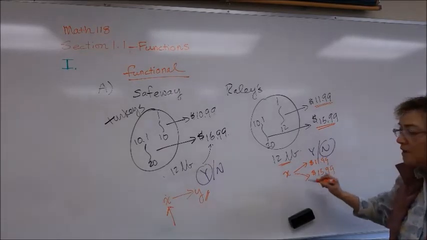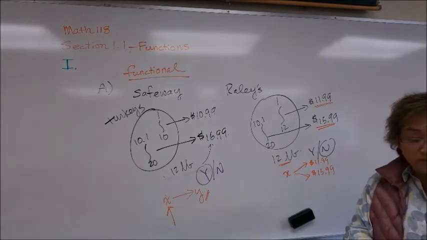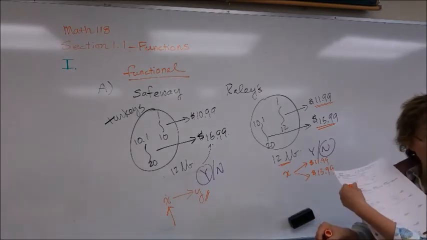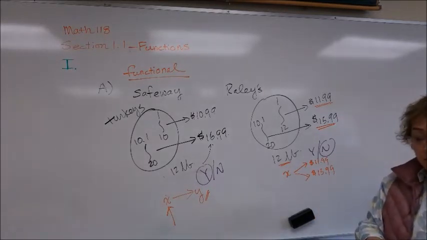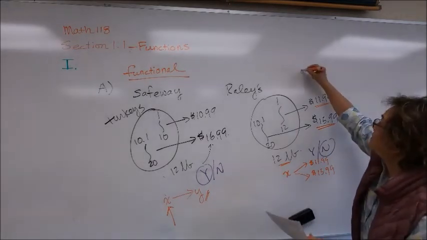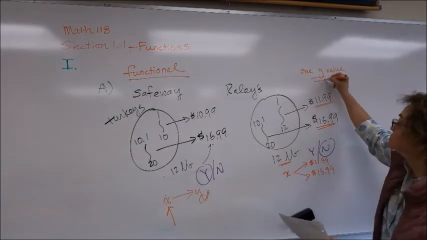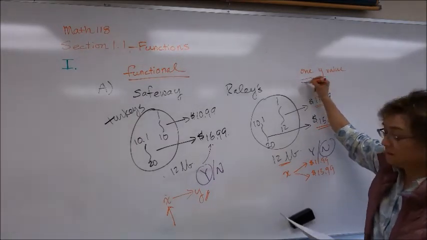Right? So we can only have one Y. That's why we say for each given X value on your paper, we can only have how many Y values? One Y value. Okay, only one.